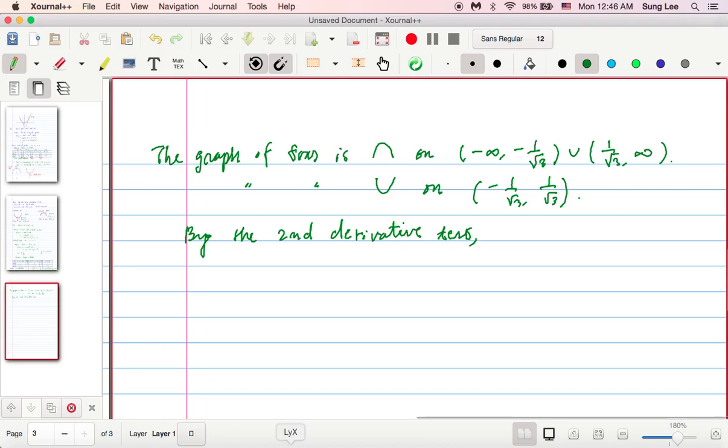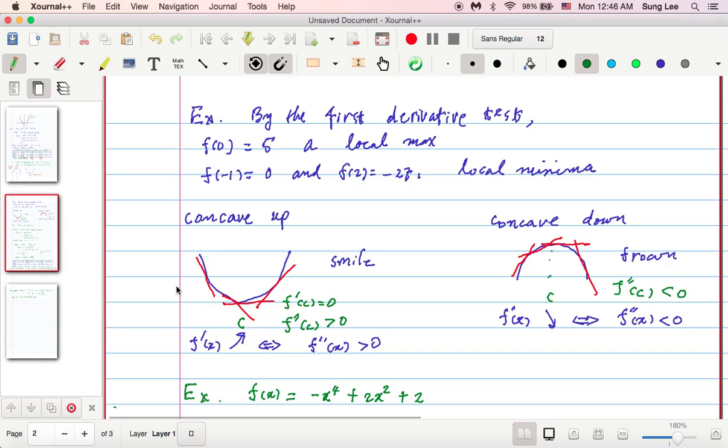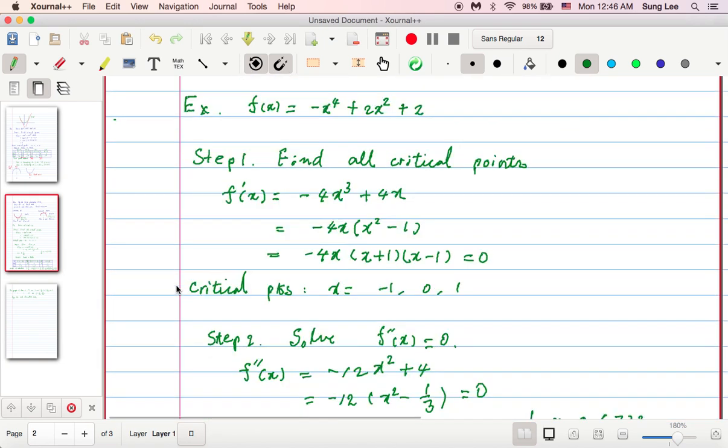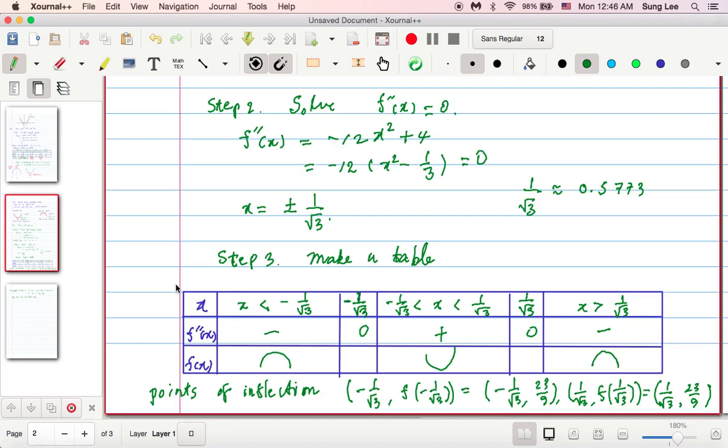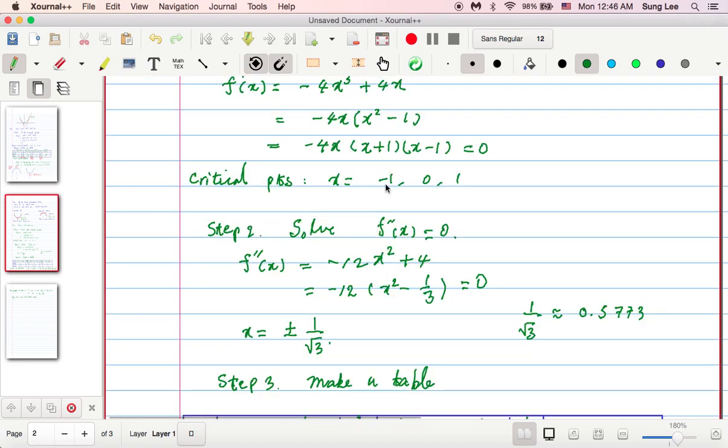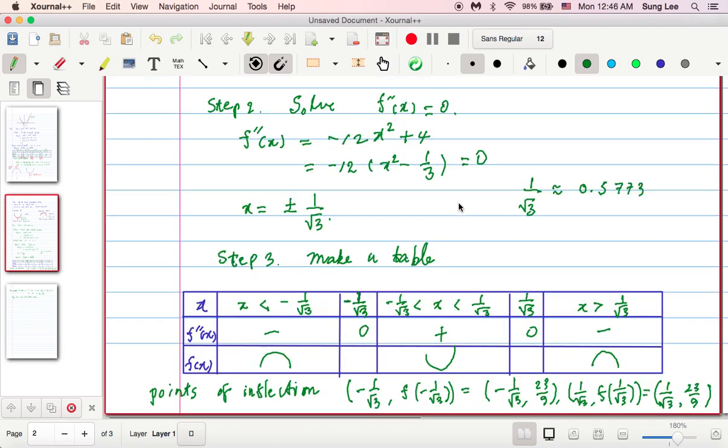Let's go back to the table earlier. So remember, we have three critical points, right? Negative 1, 0, 1. Okay? So negative 1 belongs here.